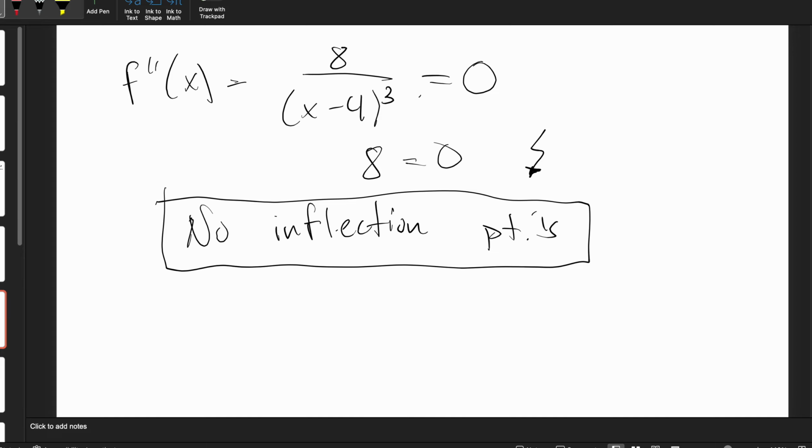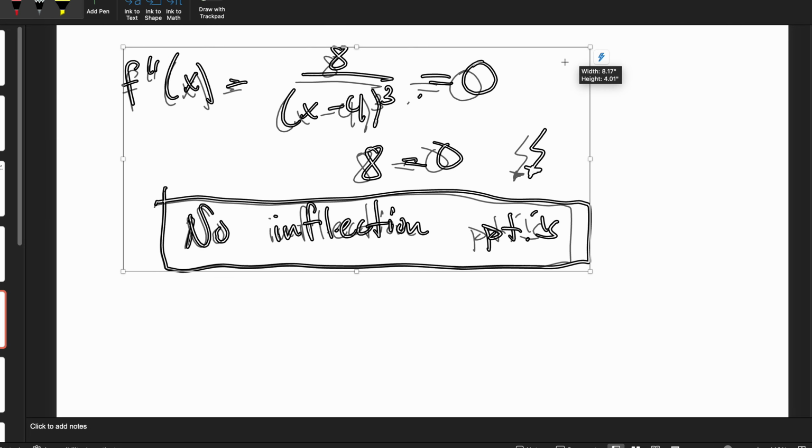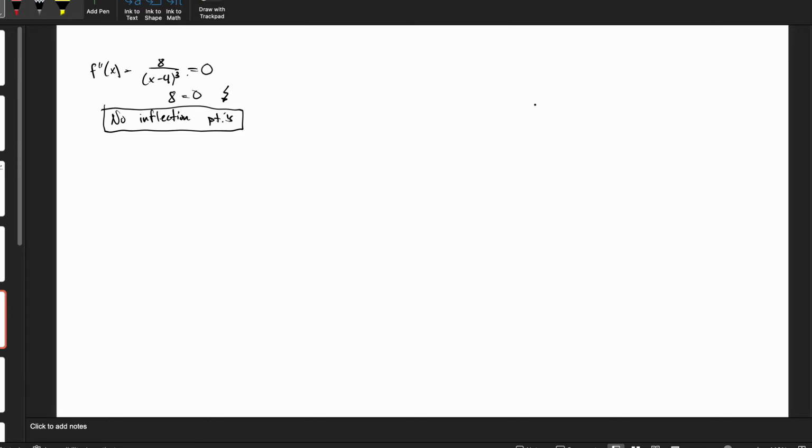Okay. The final question was to graph the function. I'm just going to make this smaller, and I'm going to graph the function here. So what do we know? We know we have a horizontal asymptote at 1.